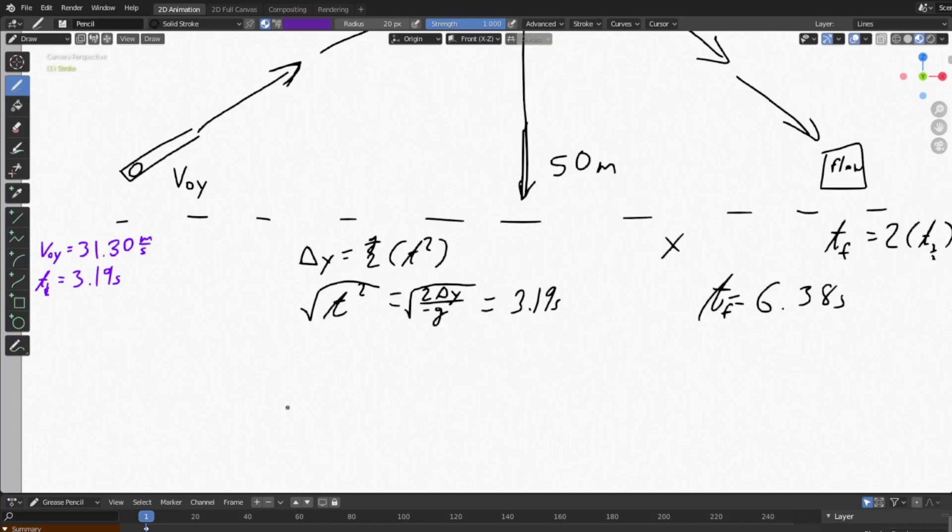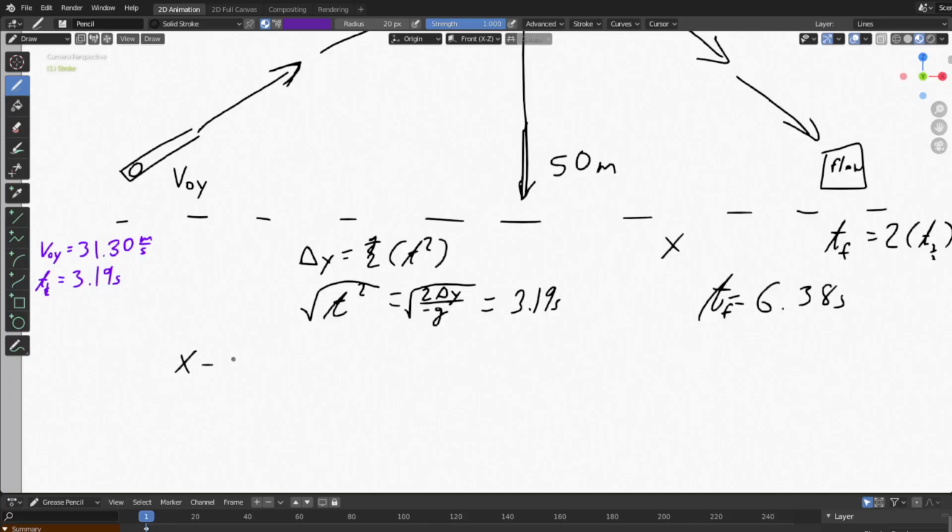So the way we're going to do this now is that we're going to say that Vf squared equals, hold on. Actually, we're going to use the other equation because I was so sure I was about to run into a situation where I mess up.